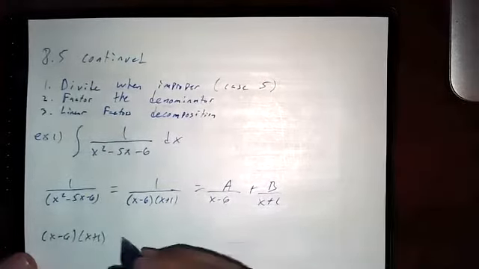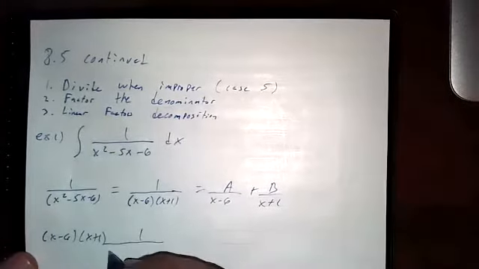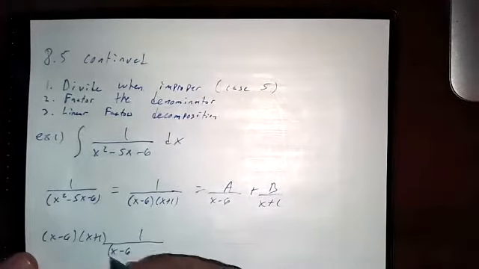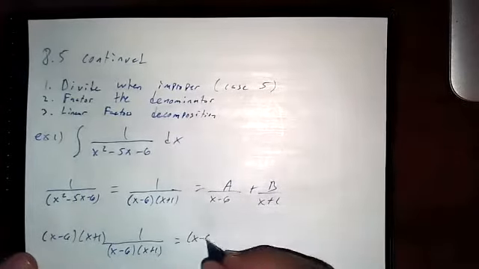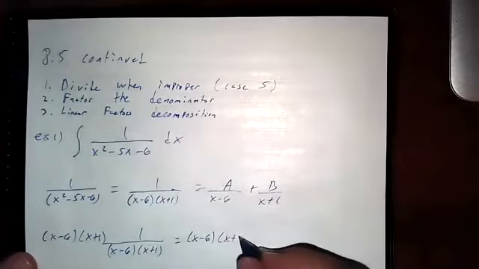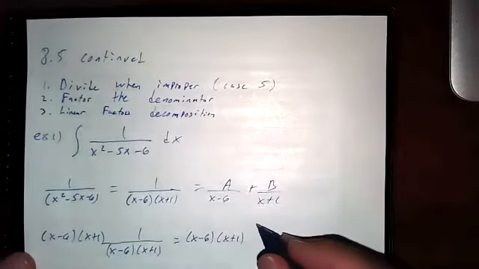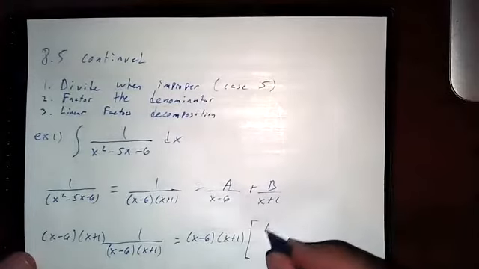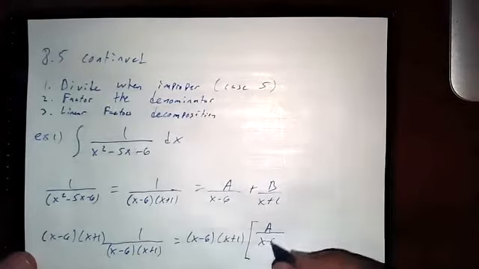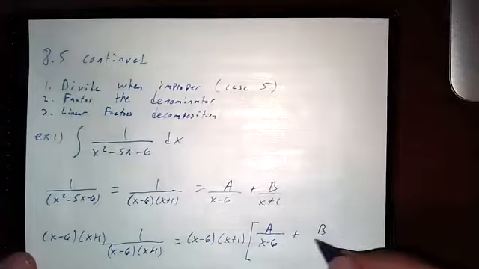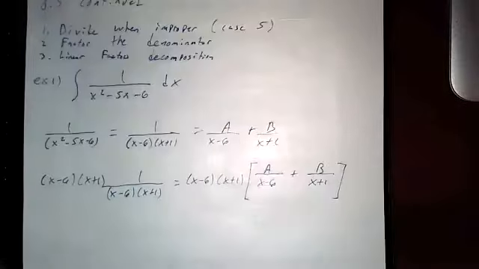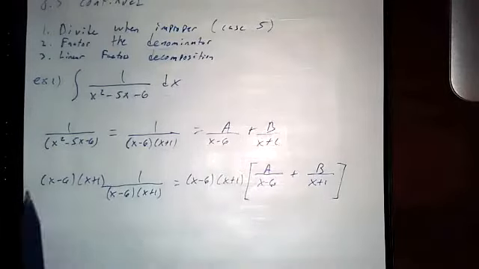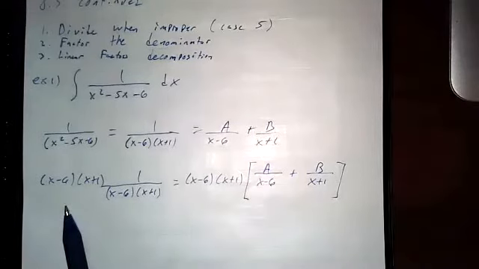That's how you solve for a and b. Right? So you see how we take this equation, multiply both sides to cancel all the fractions.